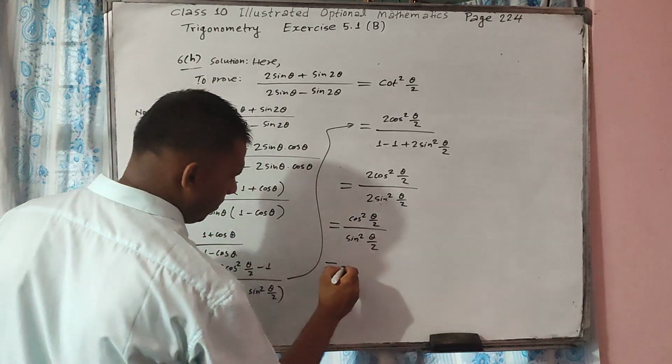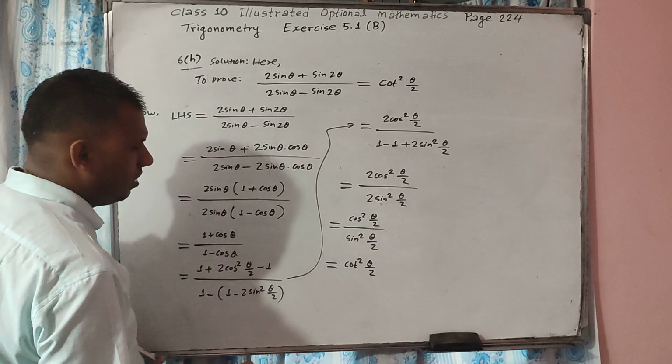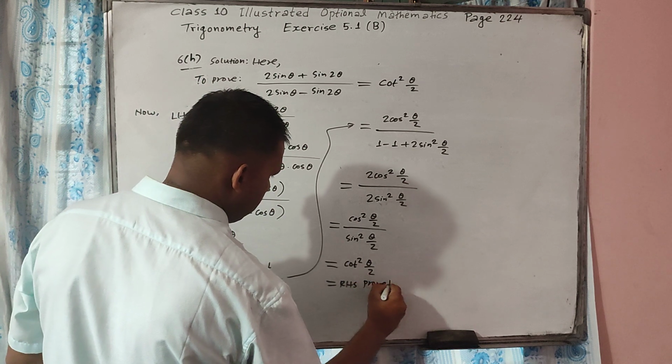Cos by sin is cot, so cot square theta by 2, that is RHS. Proved.